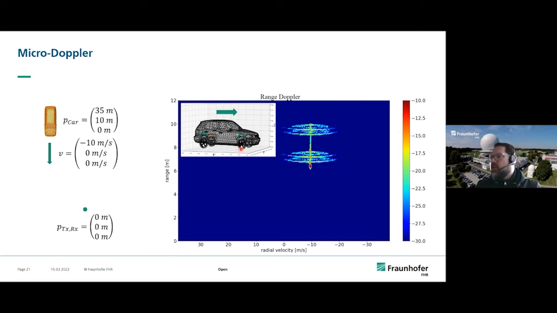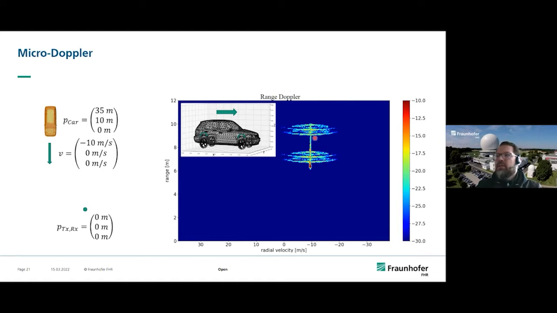We can actually see that, for example, the point touching the ground, this point at the wheel, is moving in the backward direction. So it actually has a velocity of 0 meters per second, whereas a point which is located on top of the wheel is moving towards the radar and therefore has double the speed, so 20 meters per second.